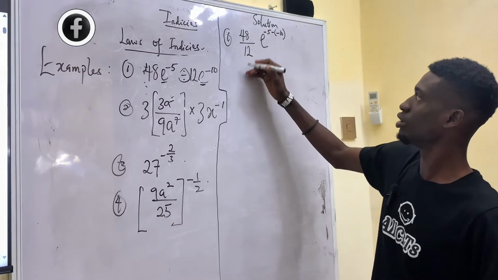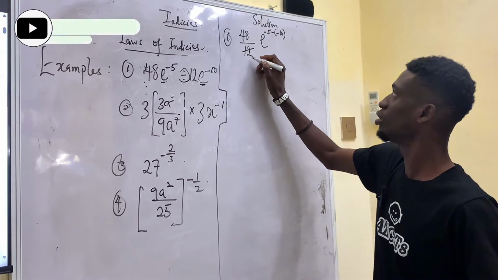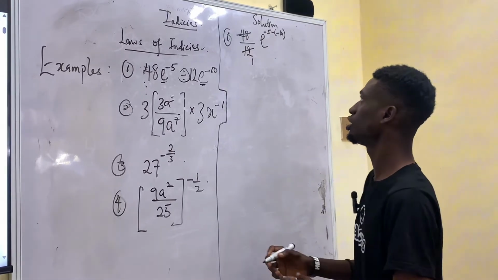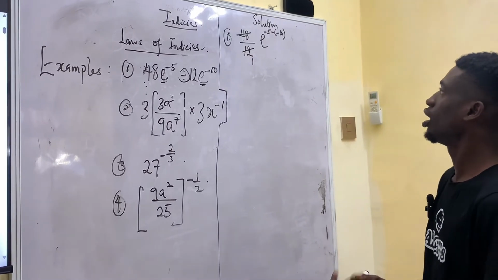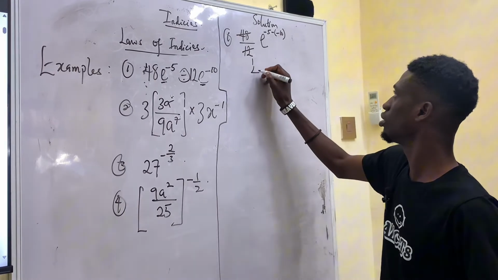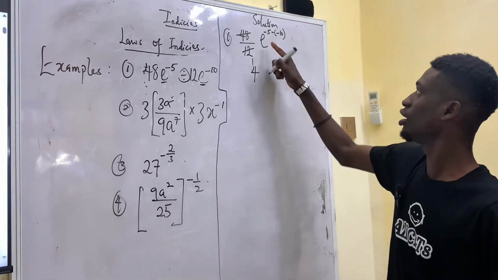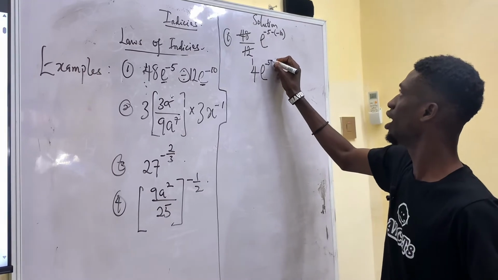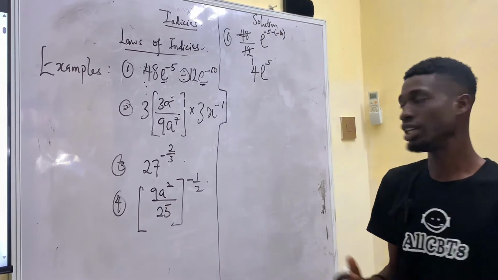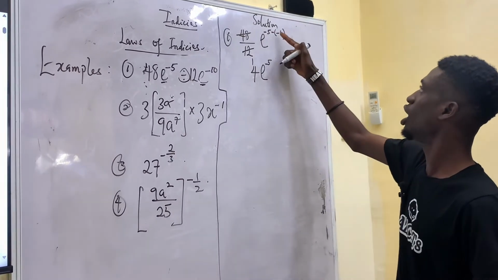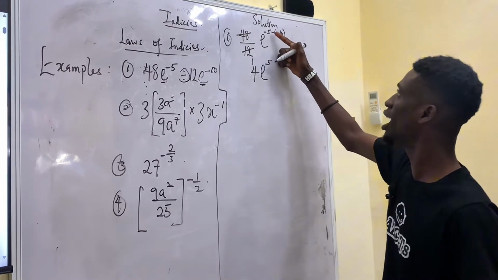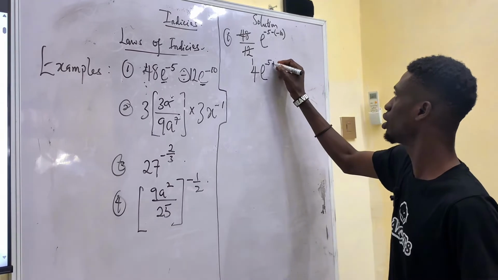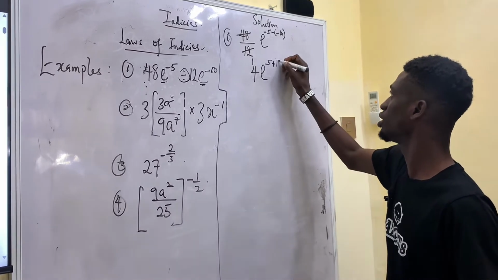So 12 here, 12 here, 1. 12 in 48 will give us 4. So I have 4, then I have e to the minus 5. Now, in our rule of sign, minus is going to open this bracket. So minus multiplied by minus will give us plus, then I have 10.